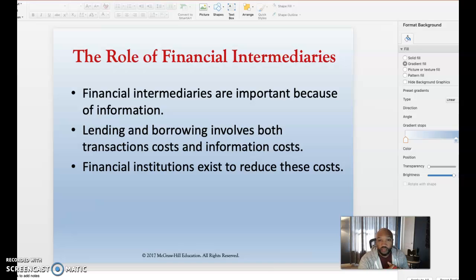The reason that there are financial intermediaries, and the reason they collect information, is because they exist to lower cost. By collecting information, you can lower cost. It talks about two different types of costs here. Lending and borrowing involve both transaction costs, the cost of actually making the physical transaction, and information costs.